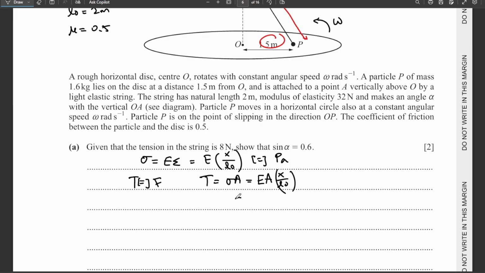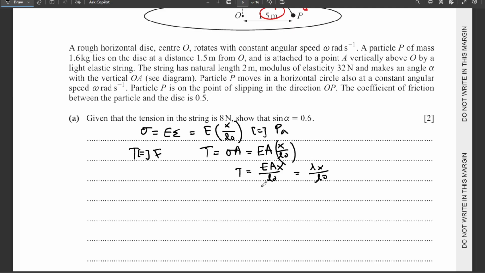And therefore you can simplify even further: EA over L0 then X. So this E multiplied by A, that's your elastic modulus, the dimension pressure multiplied by area, then X over L0.